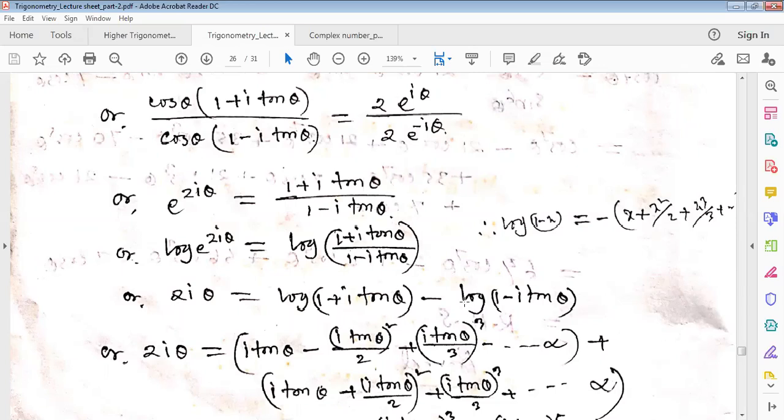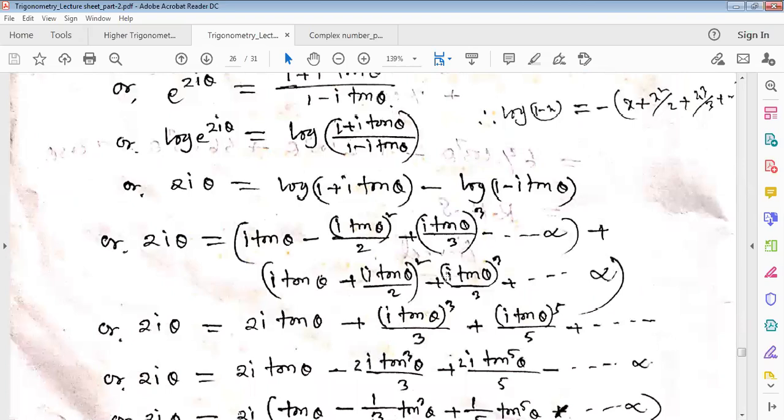Now similarly, what is the log 1 minus x formula? It is minus x minus x square by 2 minus x cube by 3, and so on. All terms will be negative here, and with the minus before it, they become positive.